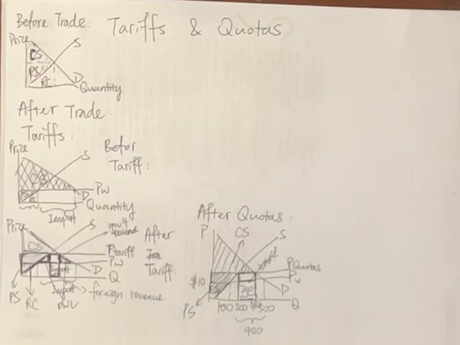Just remember that a quota is the limit you set on the goods that you import from other countries, and the aim of both actions is to protect domestic producers, so the producer surplus will be larger.